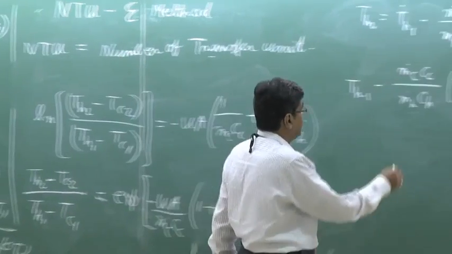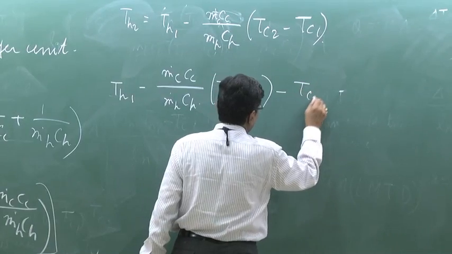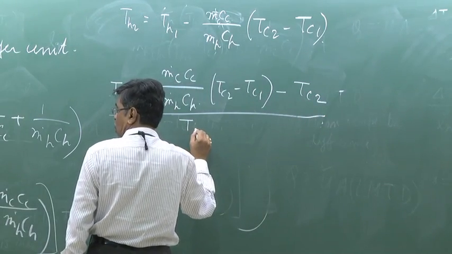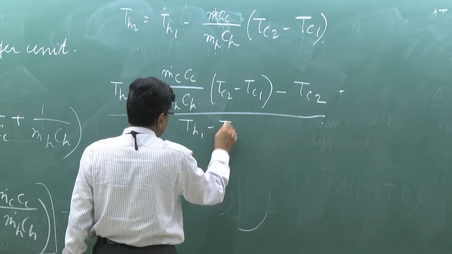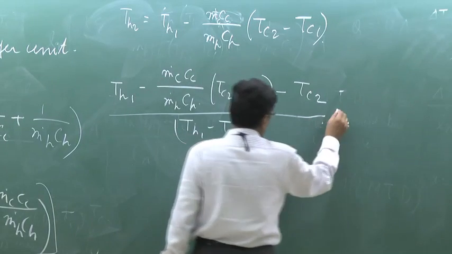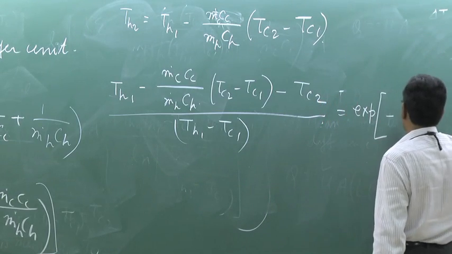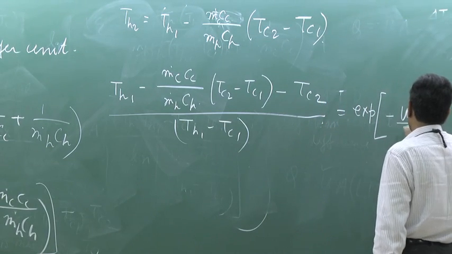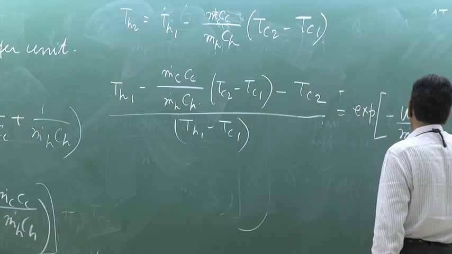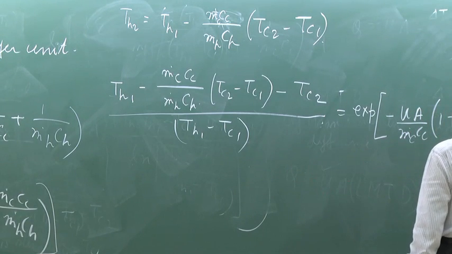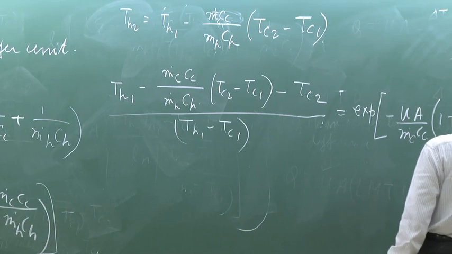So (Th2 minus Tc2) divided by (Th1 minus Tc1) is equal to exponential of minus UA by m dot Cc times 1 plus m dot Cc divided by m dot Ch.